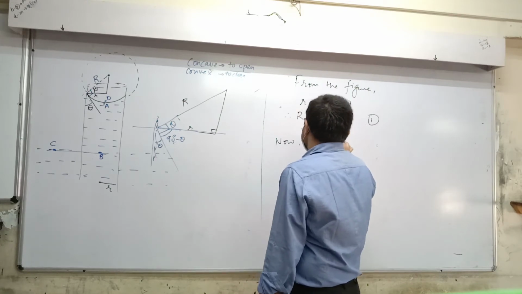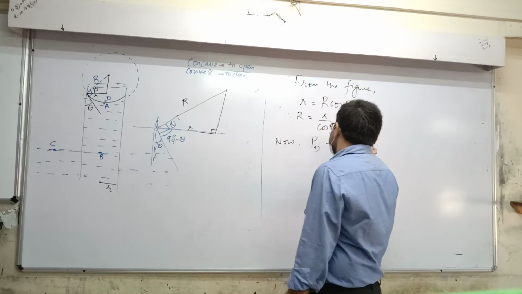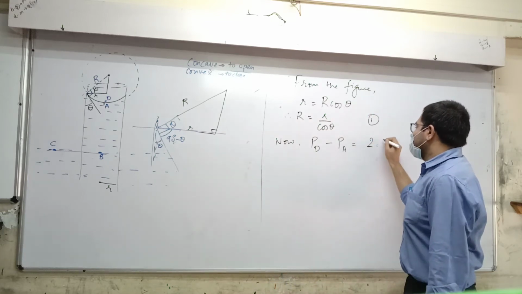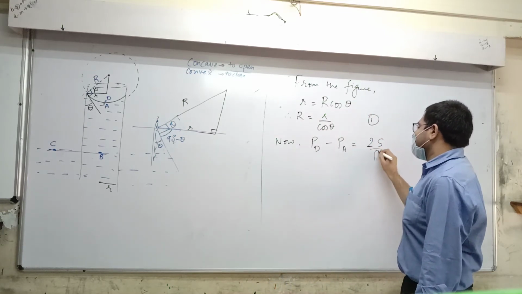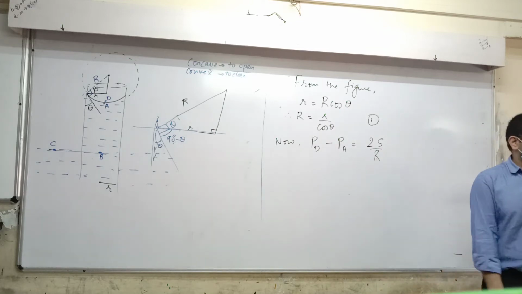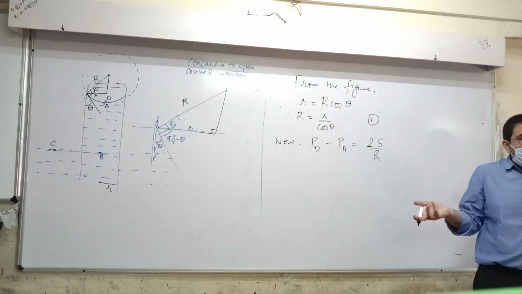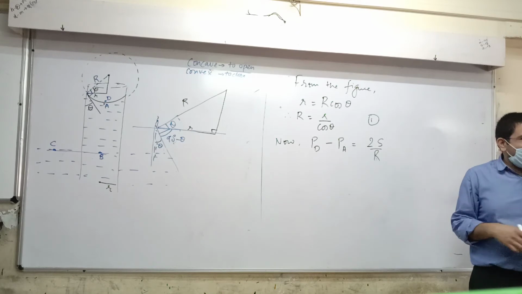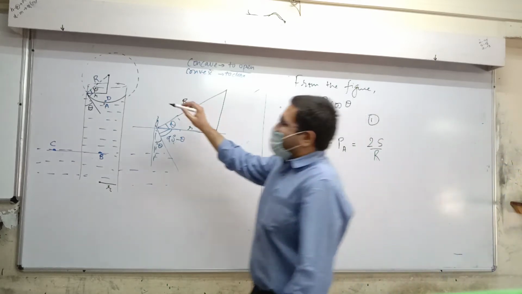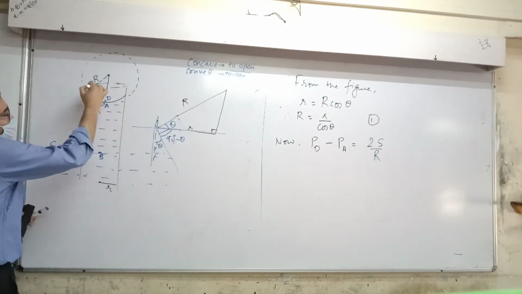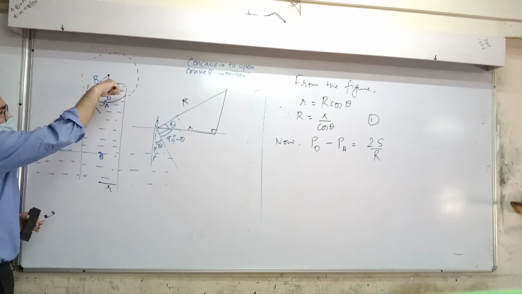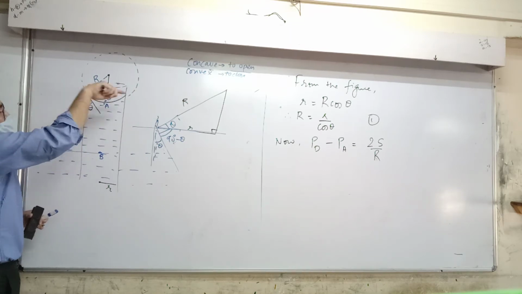PD minus PA is equal to 2S by R. Yes. This part you can think of as if this is an air bubble actually.